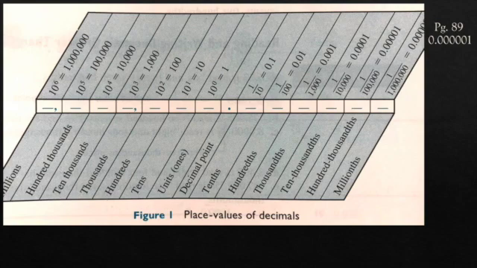Now let's look to the right of this decimal. We have tenths. That is the first place after the decimal. The second place after the decimal is hundredths, then thousandths, 10,000ths, 100,000ths, and millionths. Notice the THS ending after all of those places coming after the decimal point.